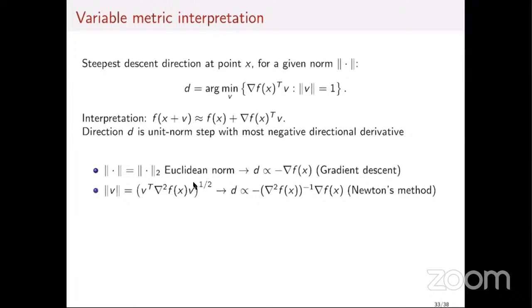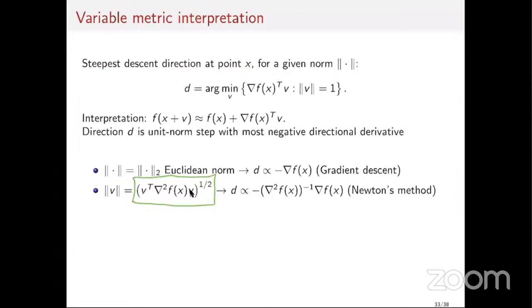Because I'm dealing with convex functions, the Hessian of the function at x is positive definite, so I'm assuming it's strongly convex. So I can use it to define a norm, a metric, and the metric is given by this formula: v transpose the Hessian of f at x times v.